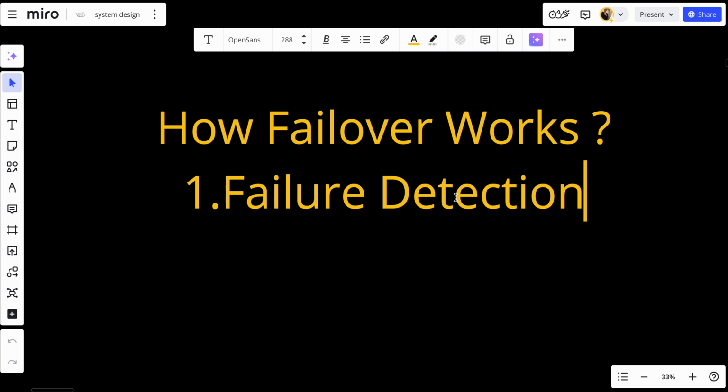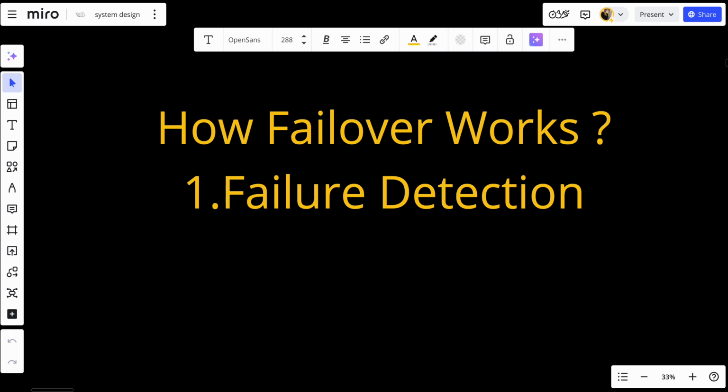If a failure is detected, the failover mechanism is triggered. For example, in a database cluster, health checks might ping the primary database at regular intervals. If it doesn't respond, the system knows it's time to initiate failover.